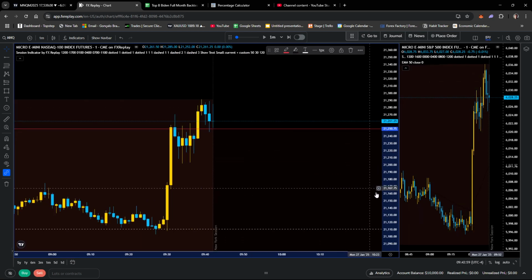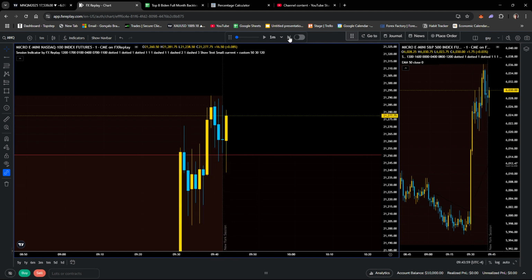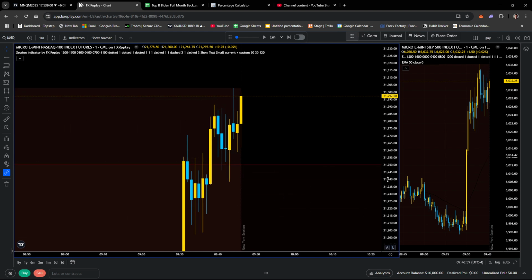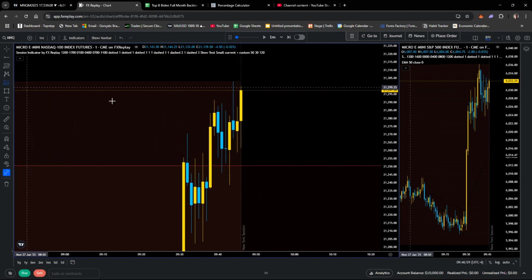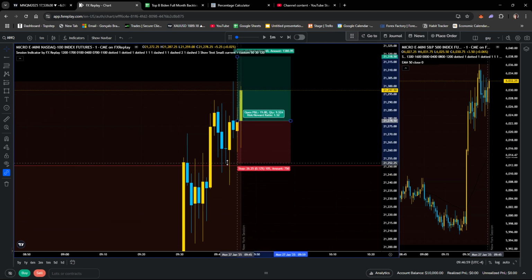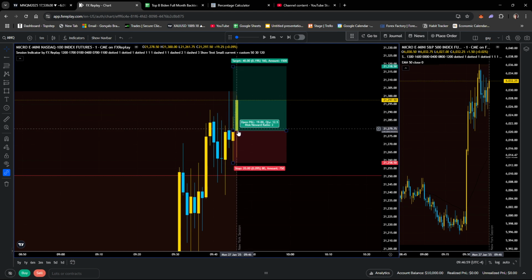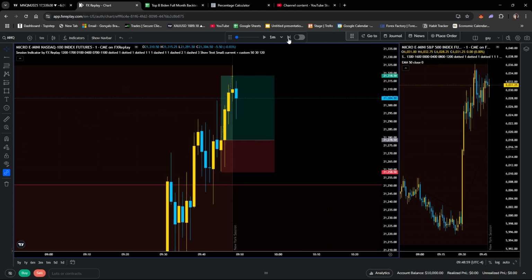Continuation models make sense, pushing price higher still. We're going to try this. But it can't hit the high before it enters me. Okay, so it hit the high.